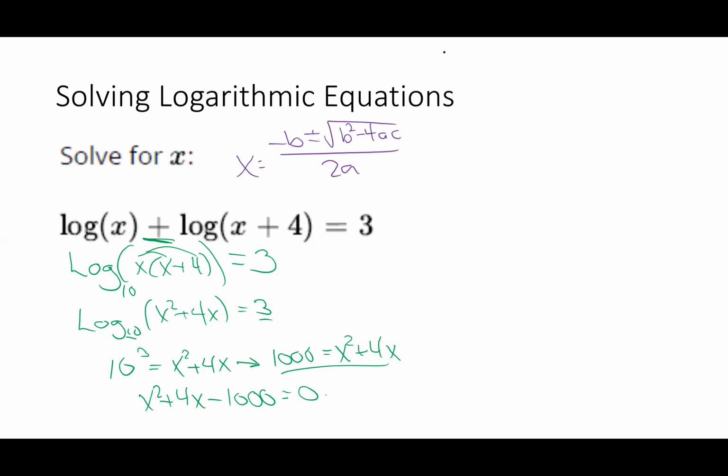And so after I mash the coefficients into the quadratic equation, I end up with x is equal to negative 4 plus or minus the square root of 16 plus 4,000 all over 2. Now, 16 plus 4,000, it's just going to be 4,016.